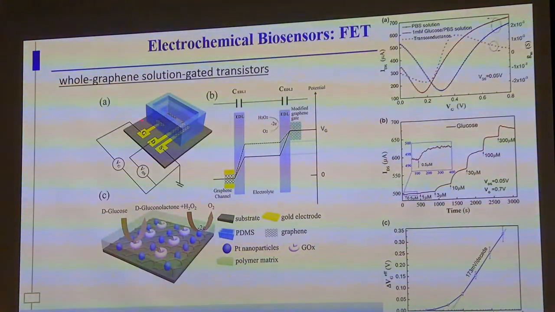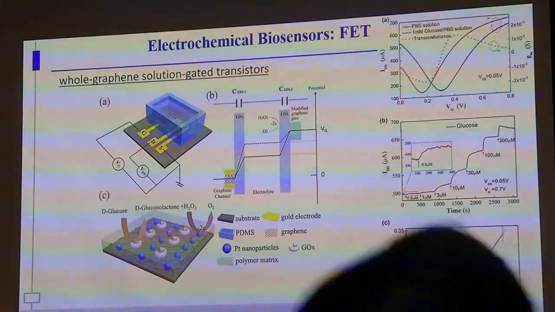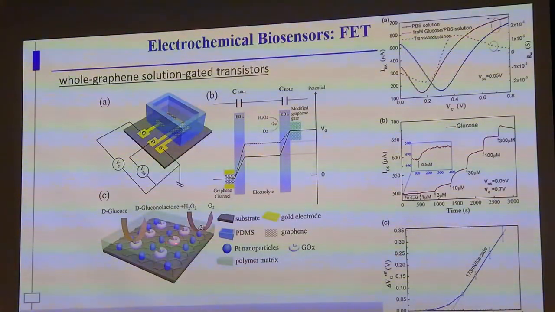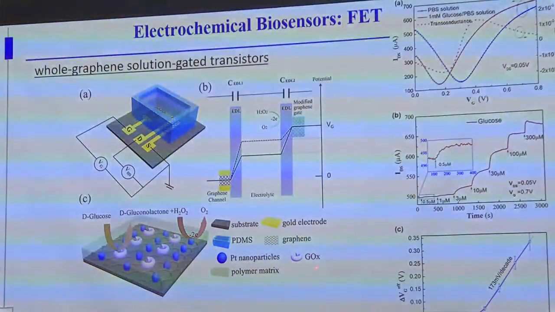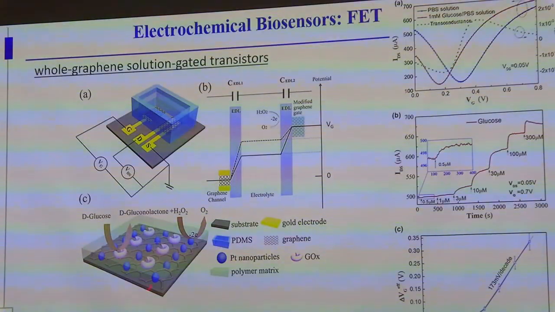All three components, your gate and here PS, are all graphene based. And for your channel, they use simple graphene, and then graphene was functionalized with PT nanoparticle, platinum nanoparticle, and then this GOX was immobilized on your channel here. So that's how they fabricated the working electrode.